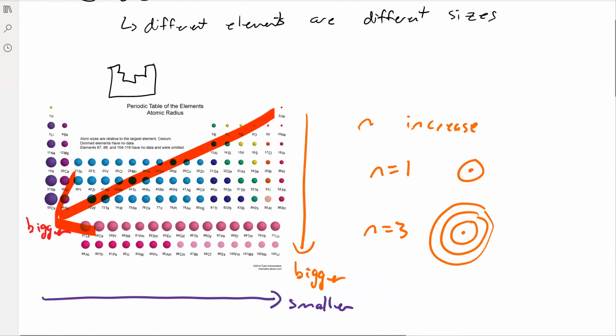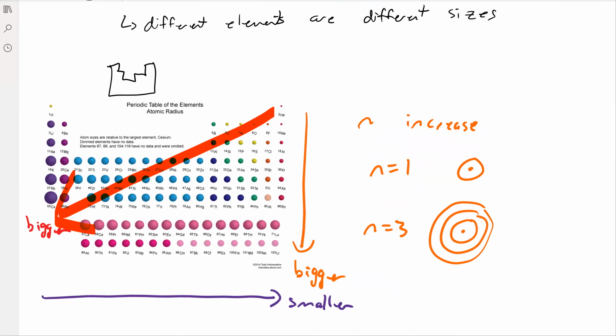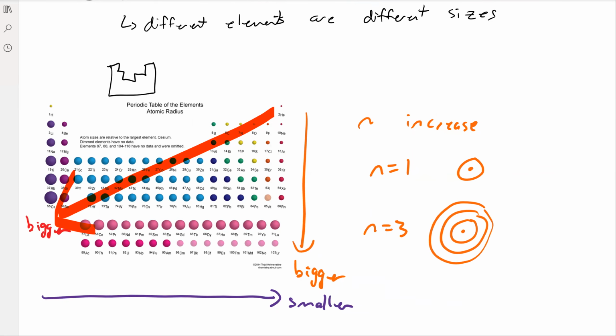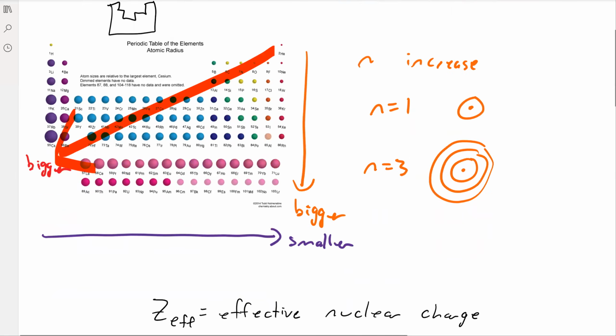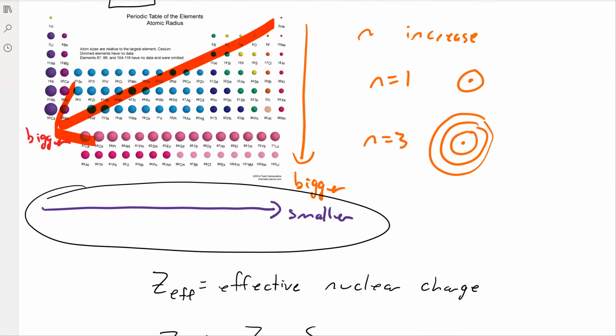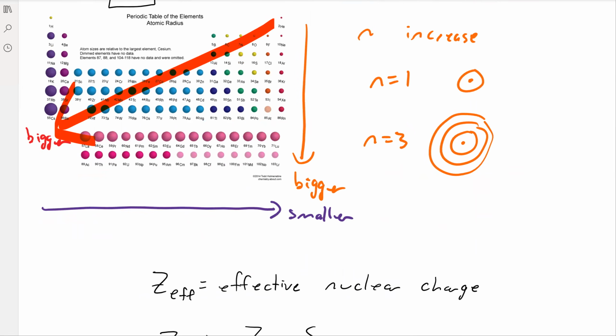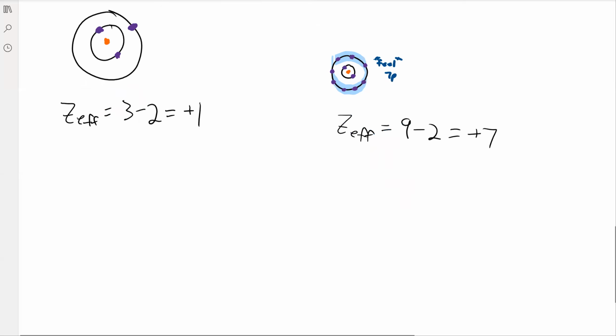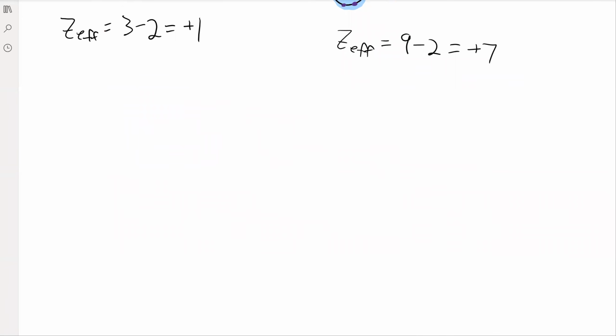So what you want to know is the trends and the why. As we go down the periodic table, n is increasing, so our atoms are getting bigger and bigger. And then when we go from left to right, we're getting smaller because we're increasing the effective nuclear charge, because we're increasing the number of protons, but we're not increasing the number of shielding electrons.